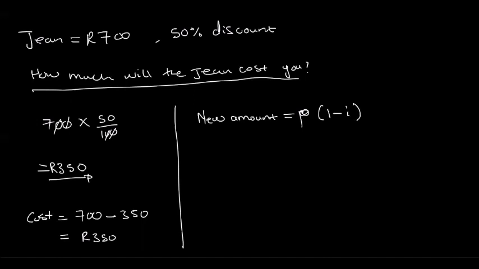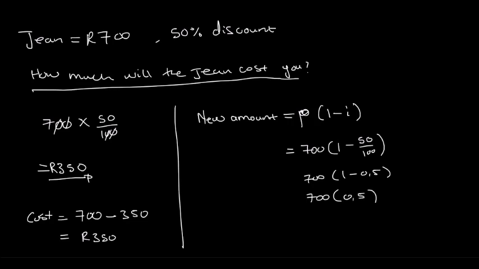So we take that amount given, 700 rands, times 1 minus 50 divided by 100, which gives you 1 minus 0.5, which gives you 700 times 0.5, and then you quickly get your answer, which is 350 rands.